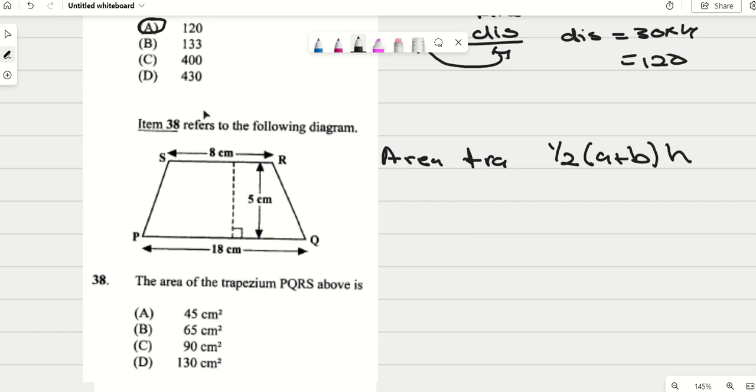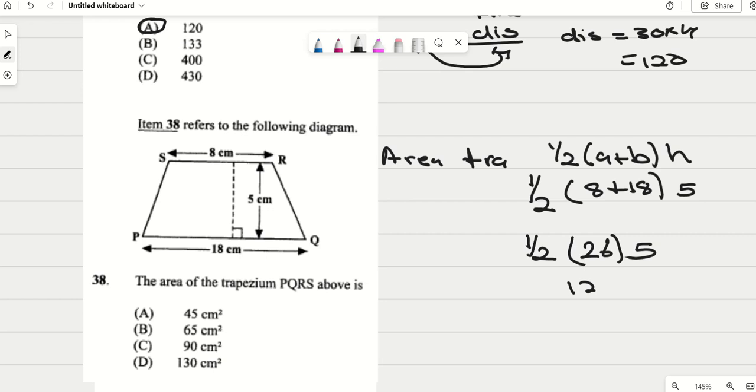So A is 8 and B is 18. So we have a half, open bracket, 8 plus 18, all by your height, which is 5. 8 plus 18 is equal to 26. By 5. A half of 26 is 13. 13 multiplied by 5 is 65. So your answer is B.